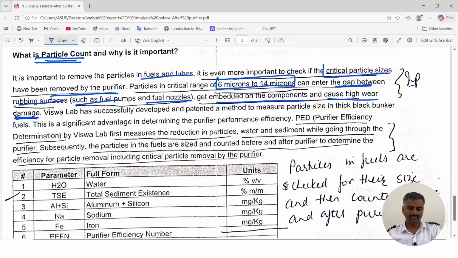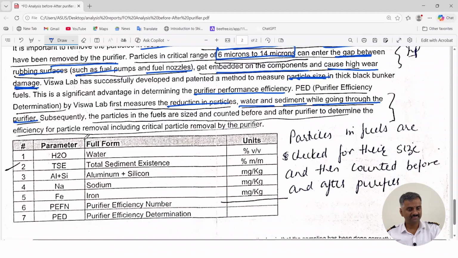Visual Lab has successfully developed and patented a method to measure the particle size in thick black bunker fuels. This is a significant advantage in determining the purifier performance efficiency. Purifier efficiency determination by Visual Lab first measures the reduction in particles, water, sediment while going through the purifier. Subsequently, the particles in the fuel and their size are counted before and after the purifier to determine the efficiency of particle removal, including the critical particle removal by the purifier.